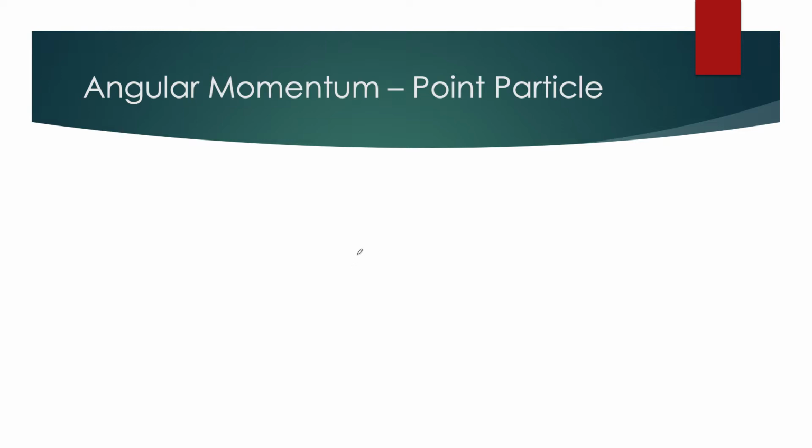So this is for a rigid body, for any rotating regular solid object. We can also talk about a point particle. A point particle is like a single mass. You can think of a planet around another planet, or the sun. The key is it's a single object, or point mass, we like to call it, around an axis.